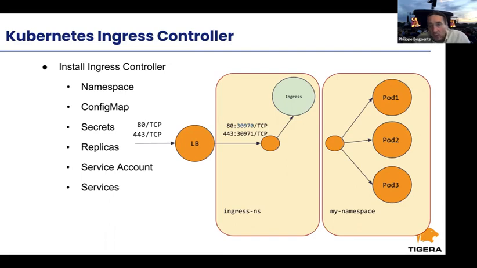Well, when you do Ingress, you only have one node port, which your load balancer needs to be aware of. So we're not going to recreate load balancers every time we want to add an application. We're going to leave this as it has been designed here, but we're going to add Ingress.